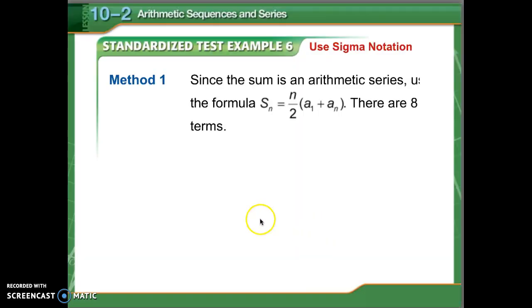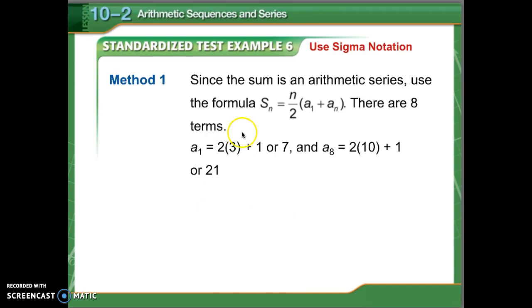So the way we do that is we're going to first take the first number in the series, which was 3. That was the first term. You're going to plug that in to the formula, which was 2k plus 1. So the first value of k. So 2 times 3 plus 1 gives you 7. You're going to take the last value of the series, which was 10, because that was the number on top of sigma. Plug that in and you get 21.